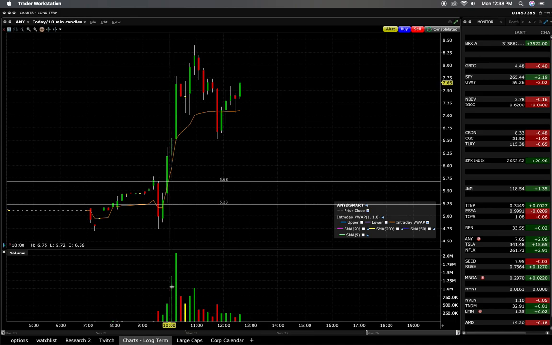So at 10 o'clock, half of the float was traded. That's a massive amount of demand for the stock. So if people want to buy 1 million shares of a stock that only has 2 million shares, that's a lot of demand and a little amount of supply.